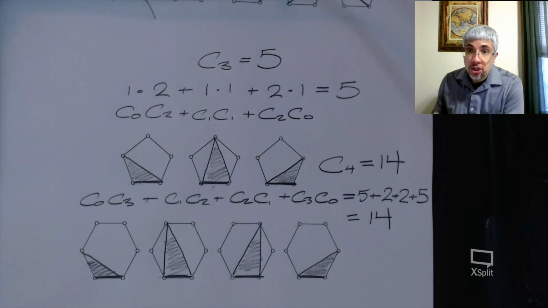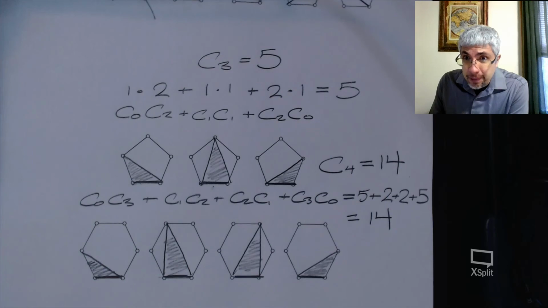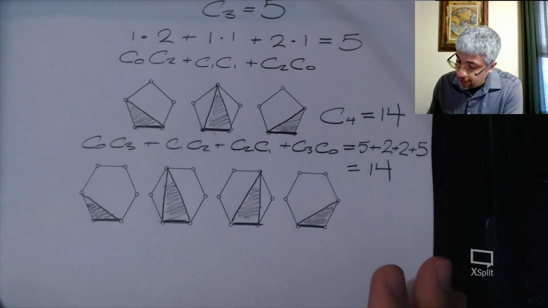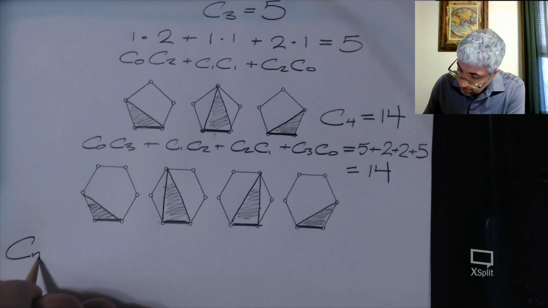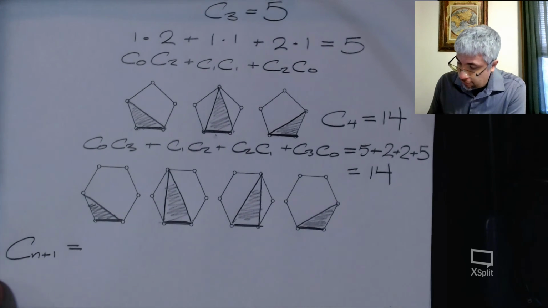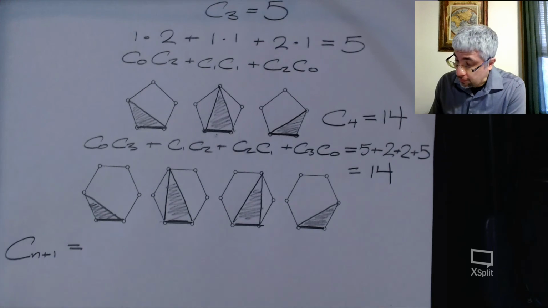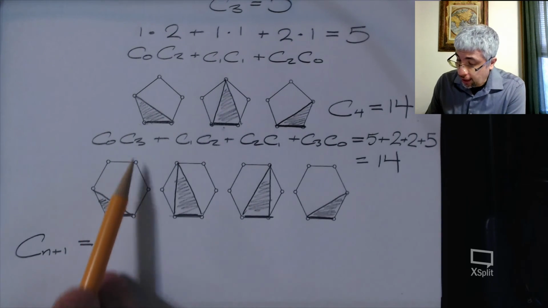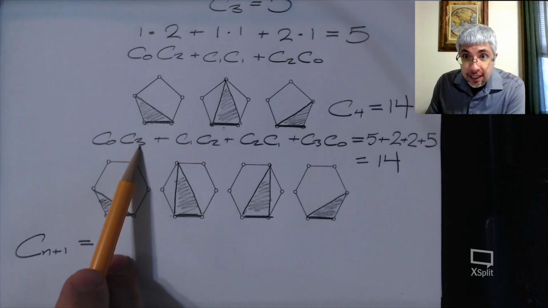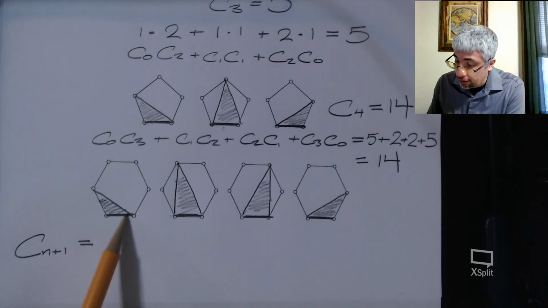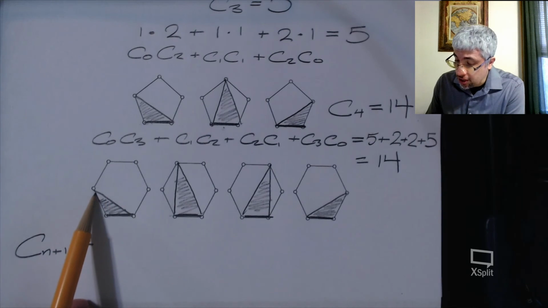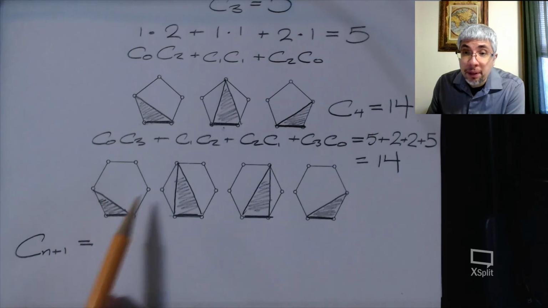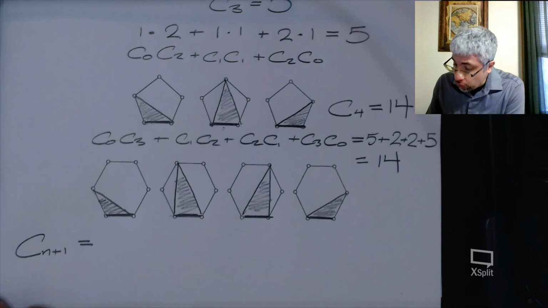Okay, so now let's try to think about this in general. So suppose I wanted to find, say, Cn+1. Well, notice that in the first possible case, if I connect my distinguished edge to the very next vertex, it's going to give me a polygon with one less. So what am I going to get?